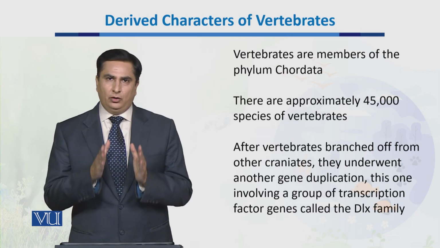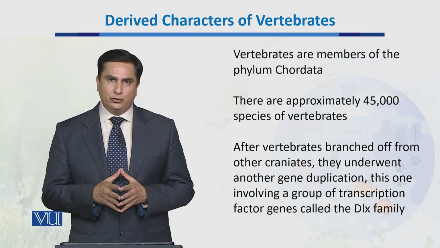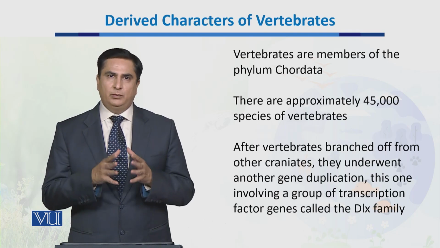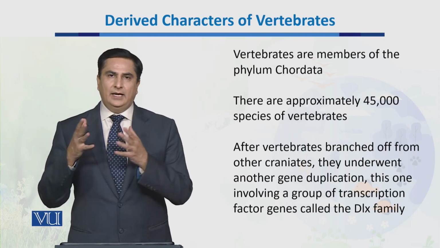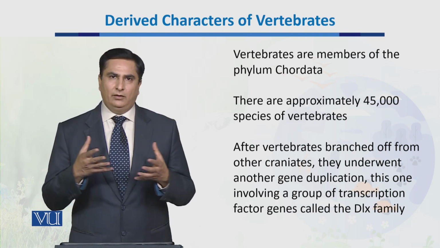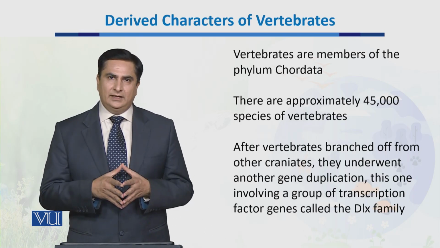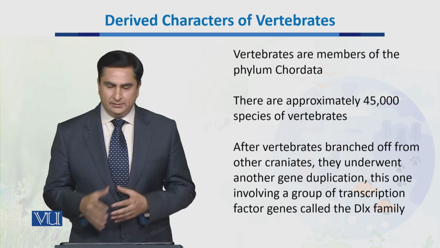Due to the role of these transcription factors, the gene duplication took place, and that gene duplication has helped them in the modification and transformation of their body for different successful habitats, and they have adapted accordingly.